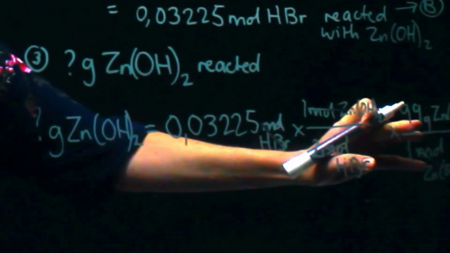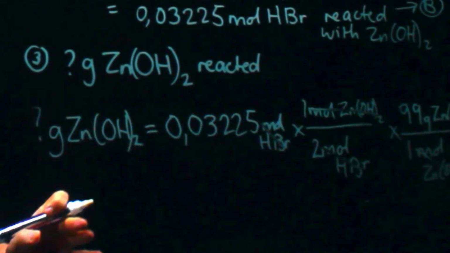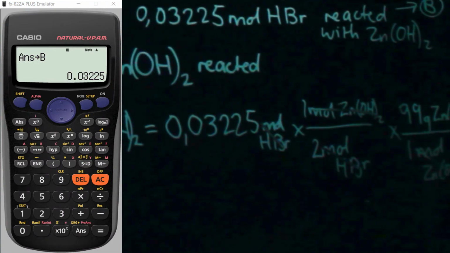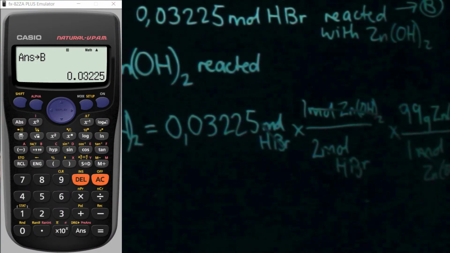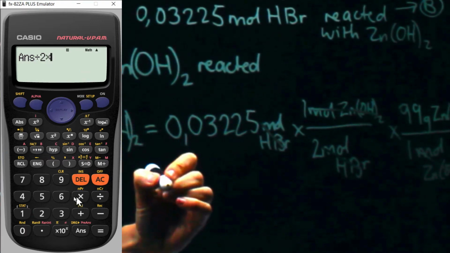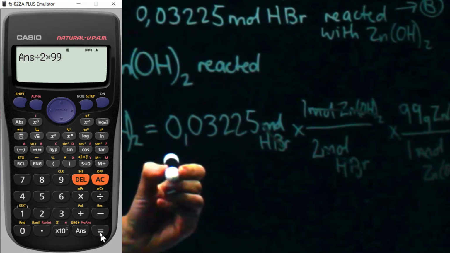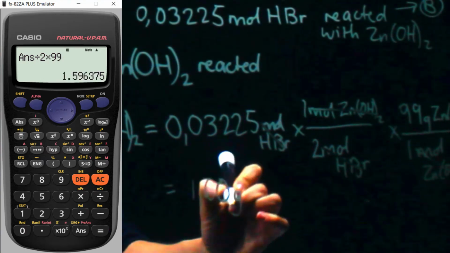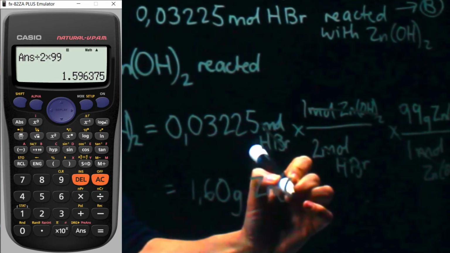Everything cancels except for grams of zinc hydroxide, which is what we were asked. Okay, so I don't even need to recall because I still have this value on my calculator. Divide by 2, multiplied by 99. And we get 1.596. We round off to 1.60 grams of zinc hydroxide.